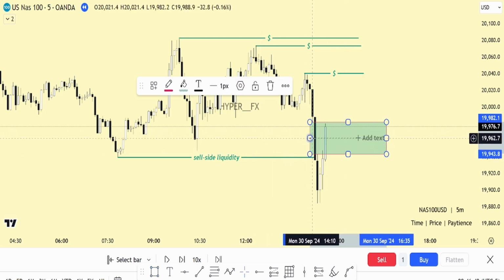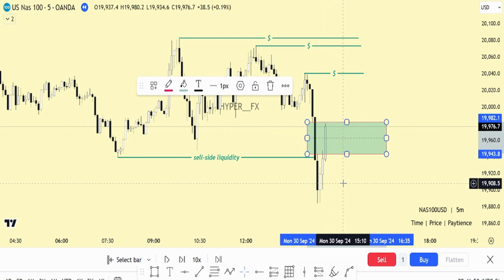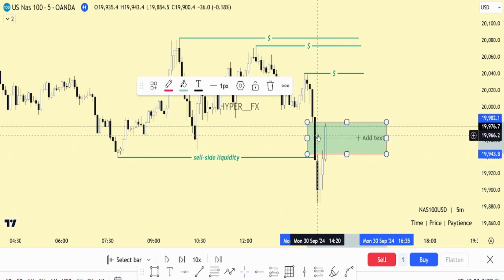Now price has even come to close this fair value gap right here, and remember, we are expecting this fair value gap to send price down. That is what a fair value gap does. When price comes back to a sell side imbalance, it is expected that price continues to send price down.